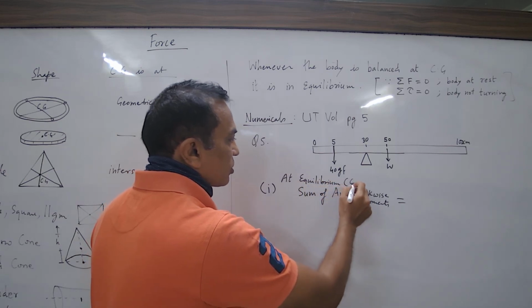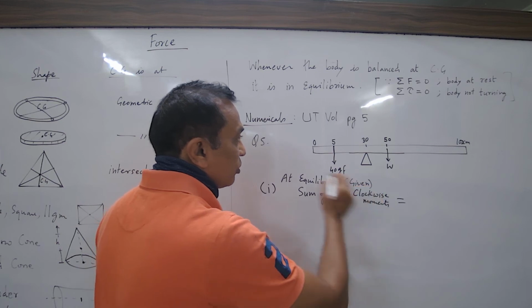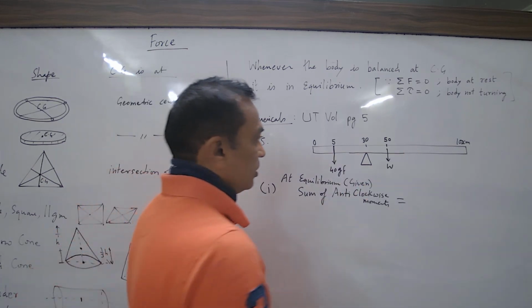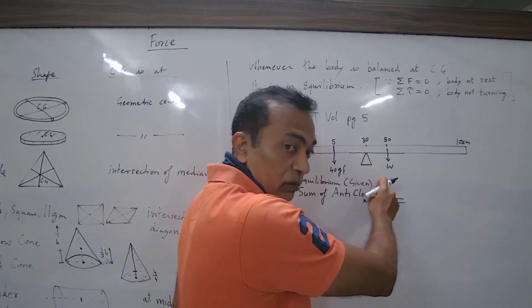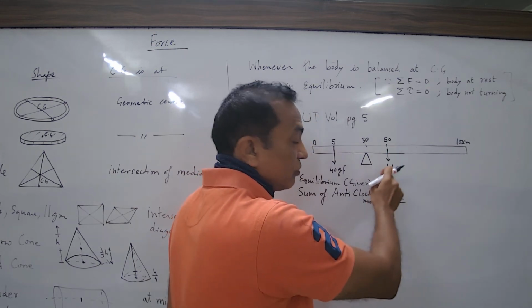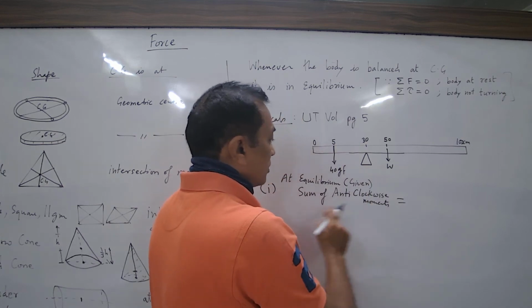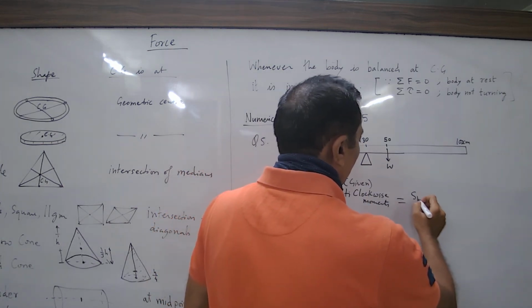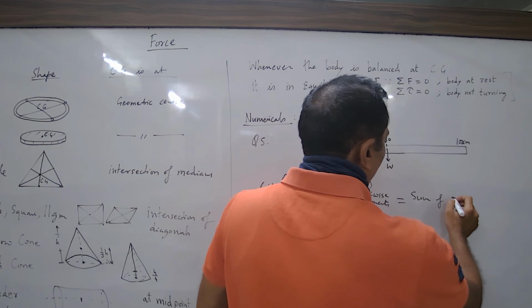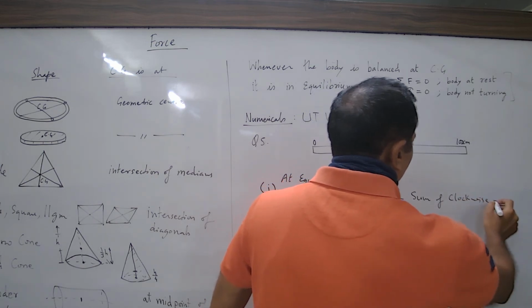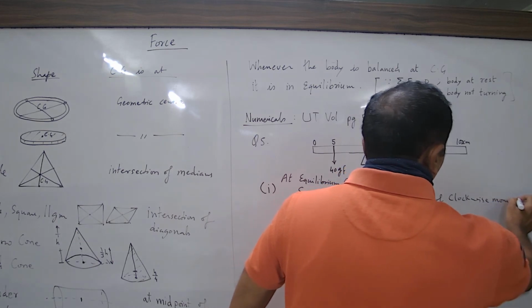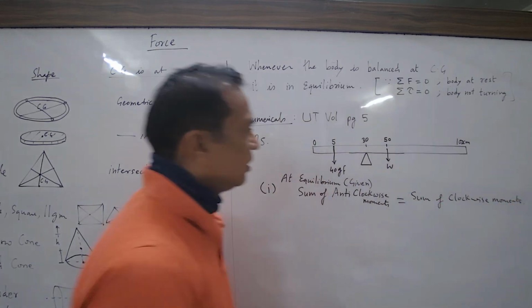It is given in the question, right, that this object is in equilibrium in this situation. But what is not given is the weight. So this you have to infer. Okay? This was not given, but you have to infer: the sum of the anti-clockwise moments should be equal to the sum of the clockwise moments.